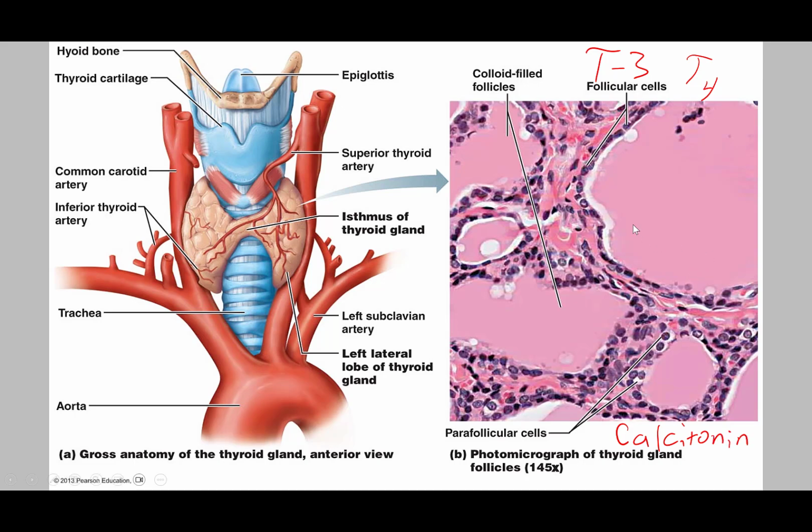So two separate glands in one location. The follicular cells make T3, T4, thyroid hormone. When they make it, it is stored here in the colloid inside the follicles. Parafollicular cells make calcitonin. So we are going to first talk about T3, T4, thyroid hormone, and then we are going to talk about calcitonin.